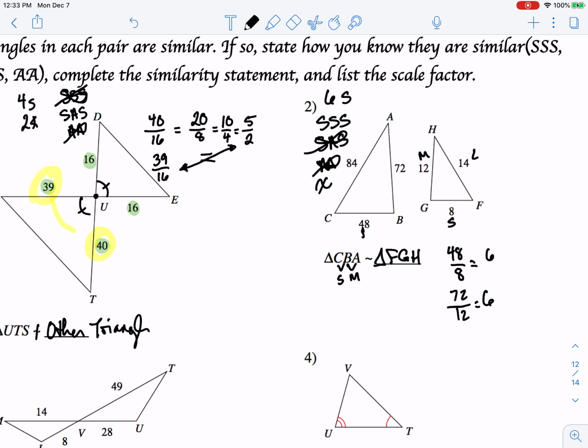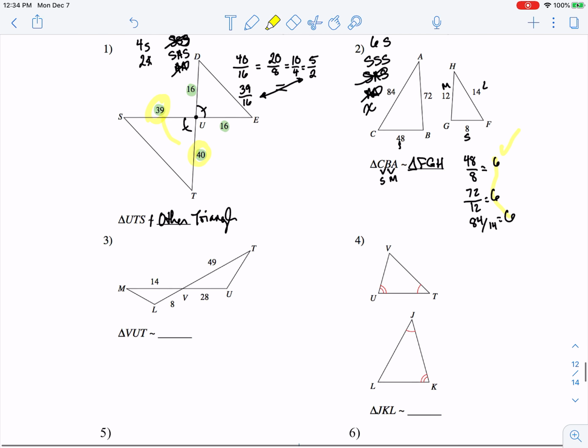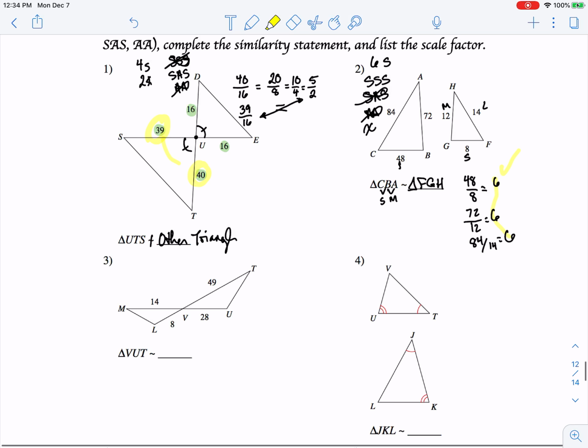And then my large side, which was 84 to 14, I also get 6. So 6, 6, 6 are all the same. So these triangles are similar. Oh, and the scale factor was 6 or 1/6, depending on which triangle you go to.